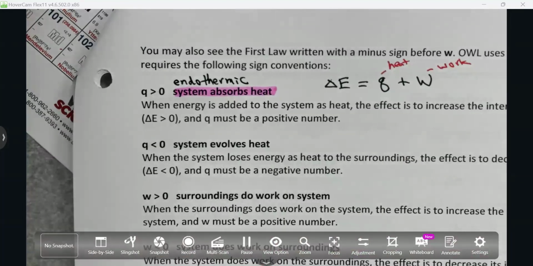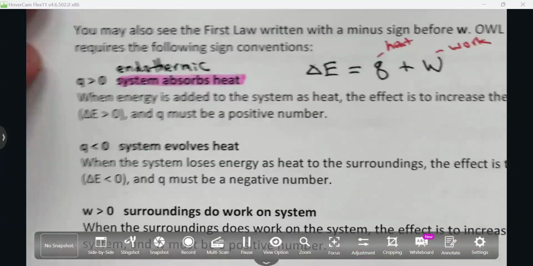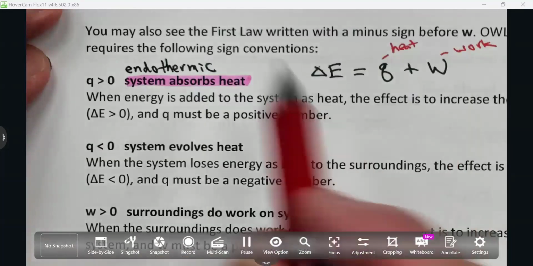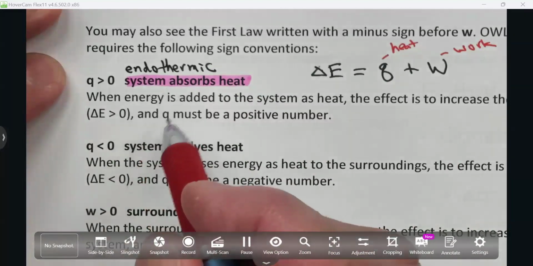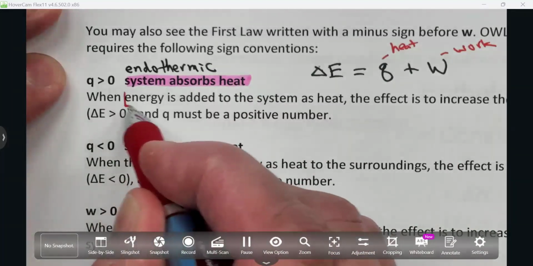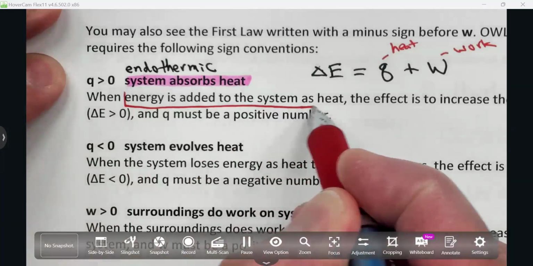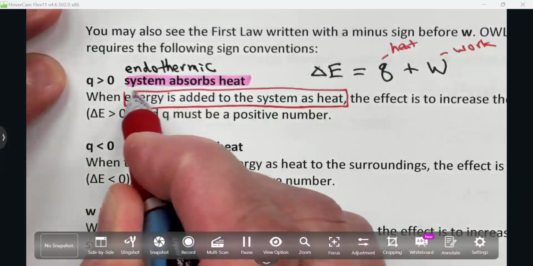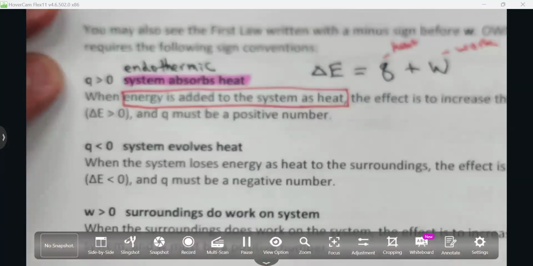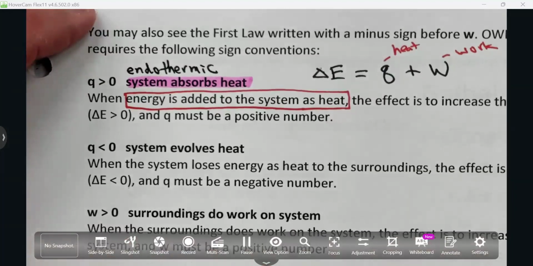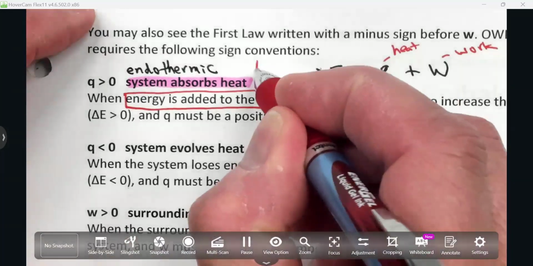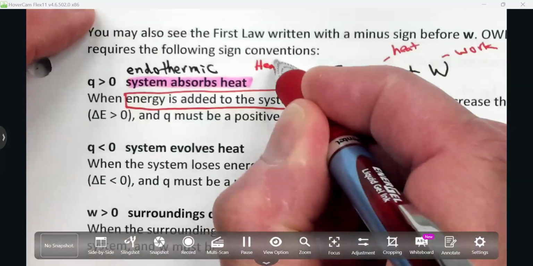Think of that just as melting ice. It's going to absorb heat. Energy is added to the system. Think of this right here as heat in.